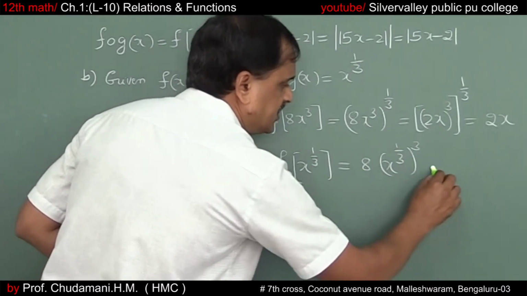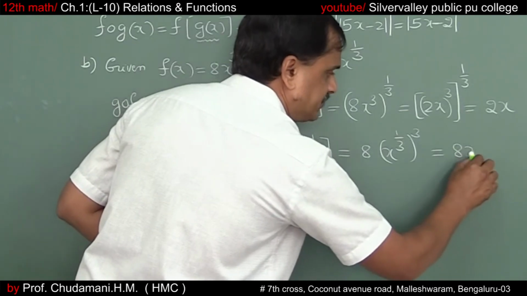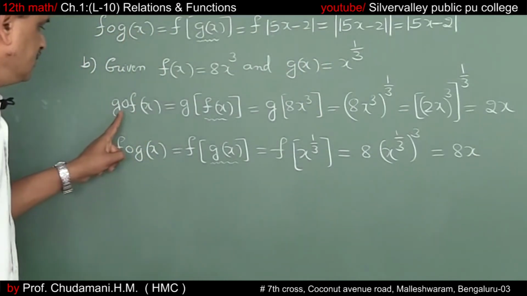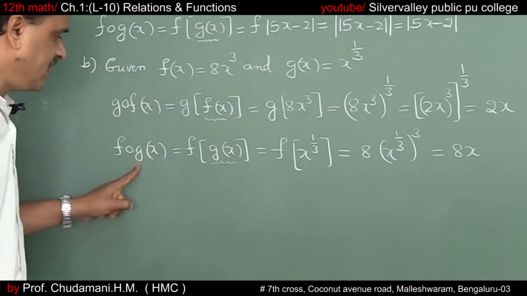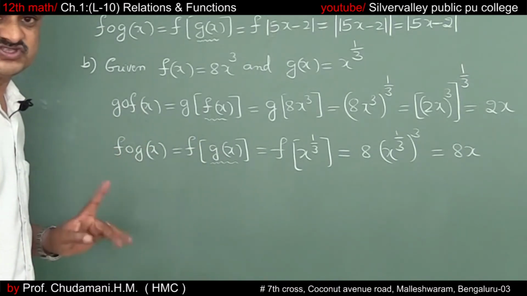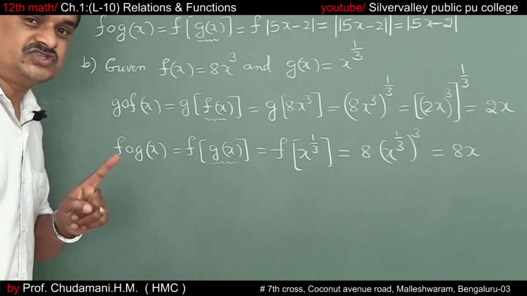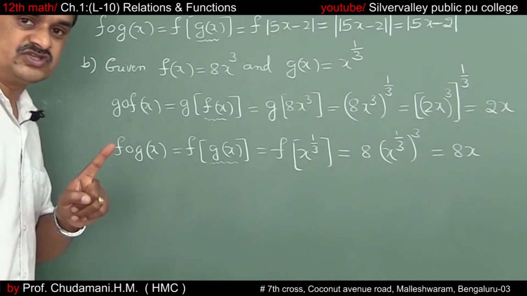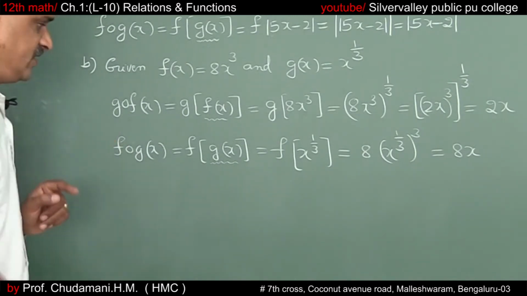So 3 and 1 by 3 gets cancelled. We are left with 2x. So clearly gof and fog are not equal, obviously. That means composition of two functions is not commutative.